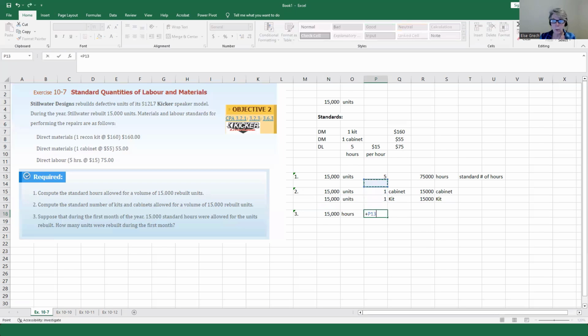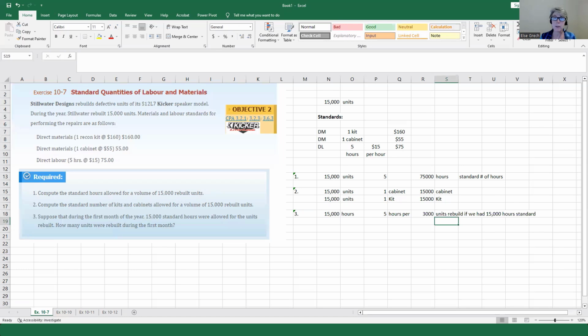Well, we know that every kit takes 5 hours to rebuild. So we can calculate how many speakers would be rebuilt during that time period. Standard, we should have been able to rebuild 3,000 units if we had 15,000 standard hours.